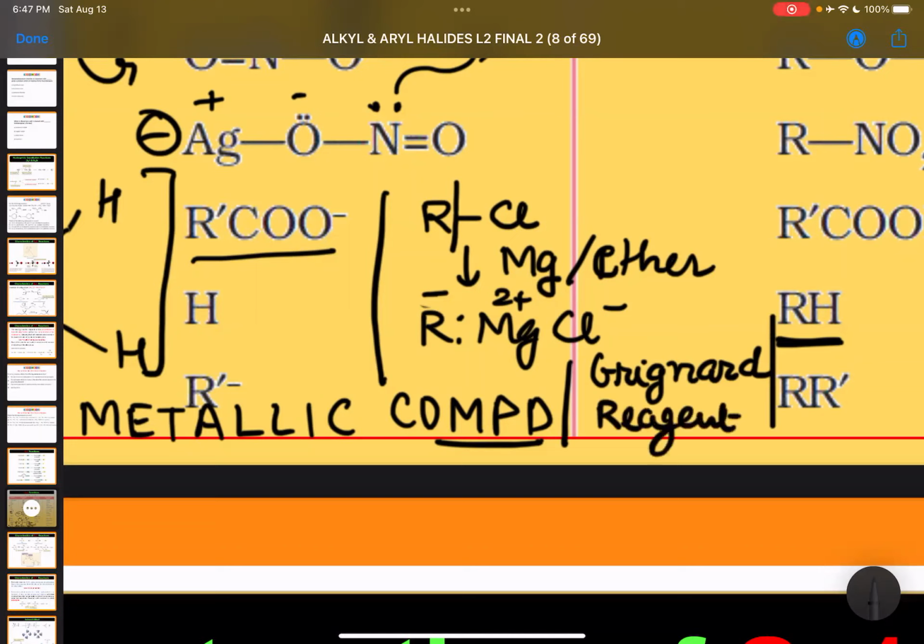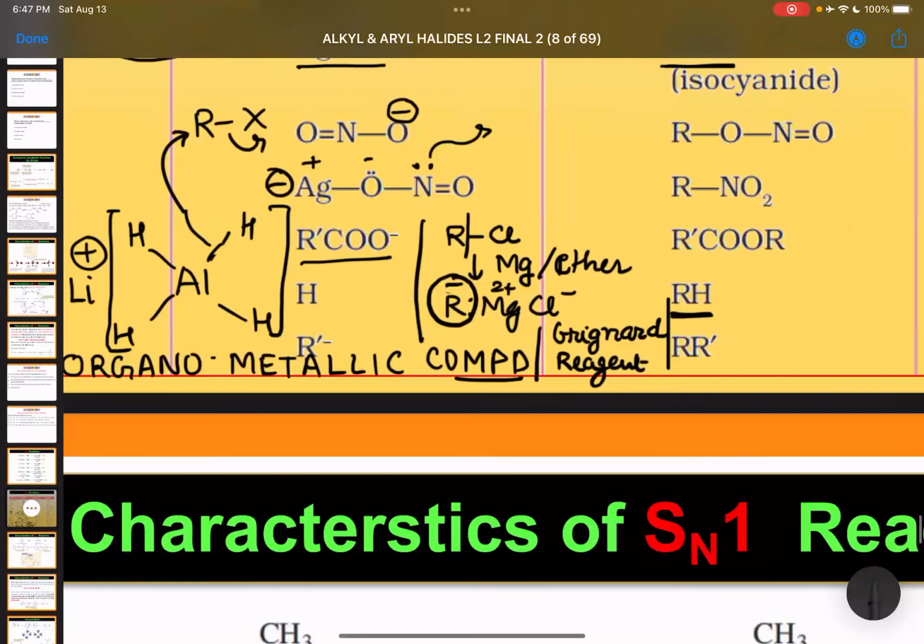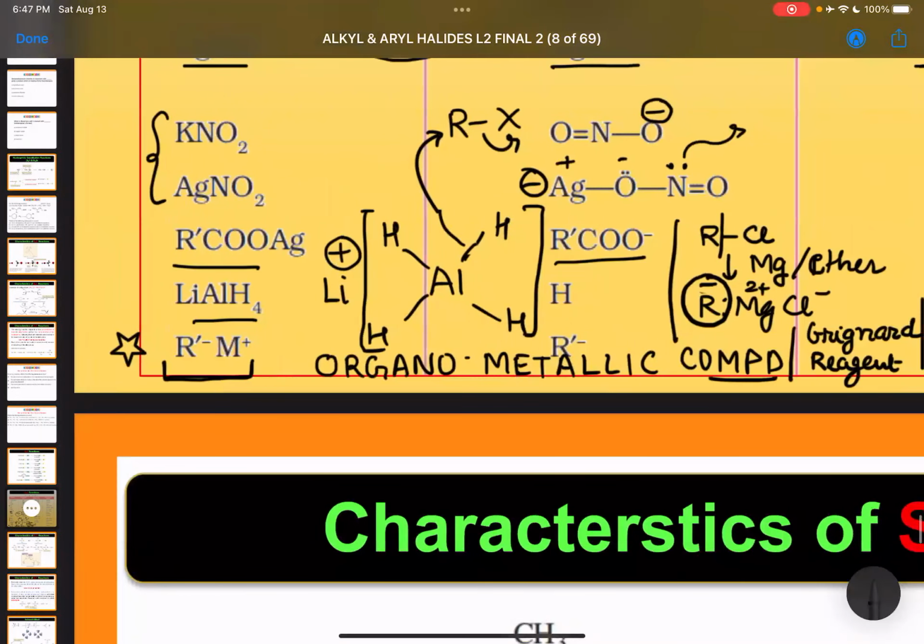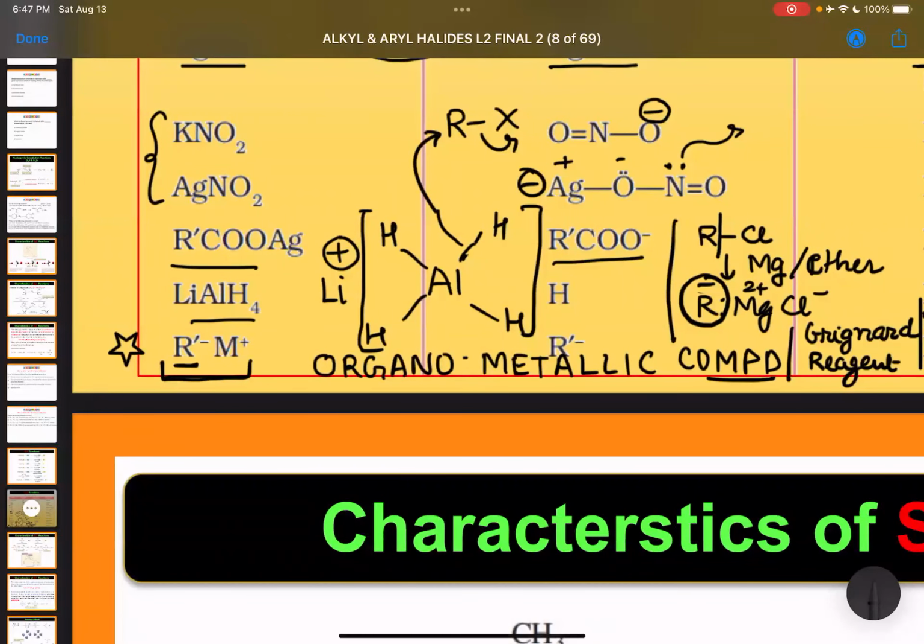So the nucleophile is not written in the pure form, but you need to understand yourself that in this the R minus is going to be the nucleophile, or R dash minus. In the RMgX it is R minus. And it is not only used in this chapter but in all the subsequent chapters.